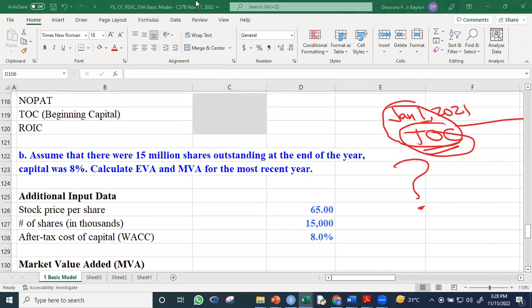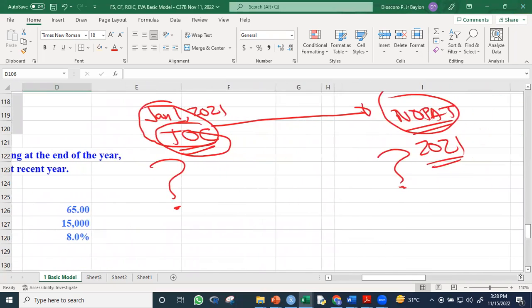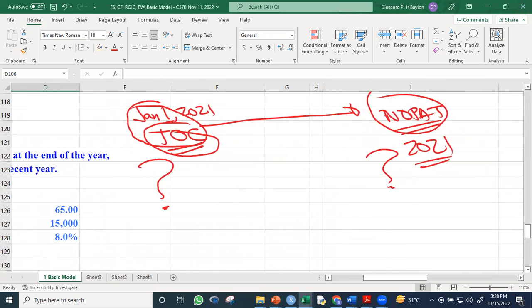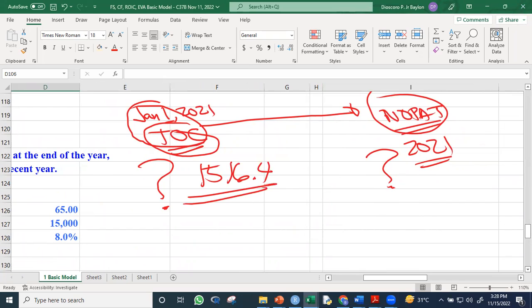So management was given, here, 1516.4, which is 100% not your answer.